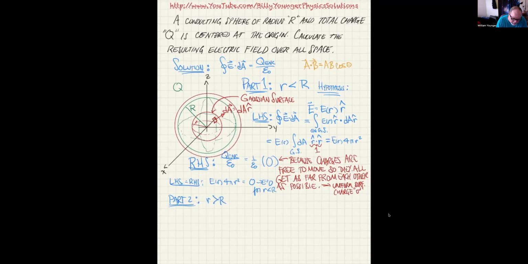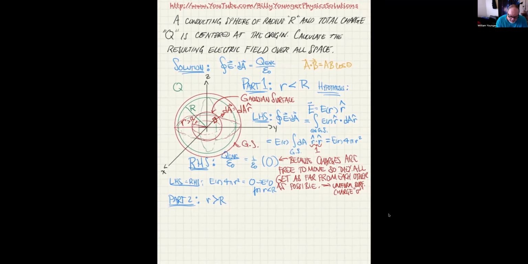Its radius will be R again. Only this time it's R greater than big R. Okay. And again, I can make some marks on the red just to make sure you know that that red Gaussian surface is a sphere as well. So this is the Gaussian surface again.